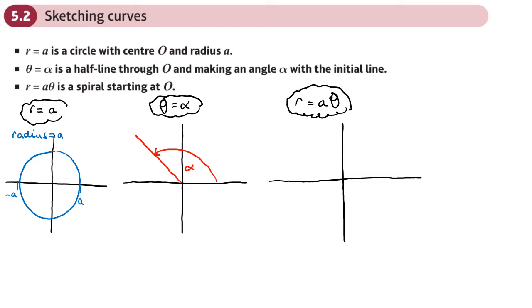We start at the origin, and as we move around from the origin, the radius is getting bigger, and as the radius gets bigger, we end up with a spiral like this. So we have circles here, half lines, spirals.